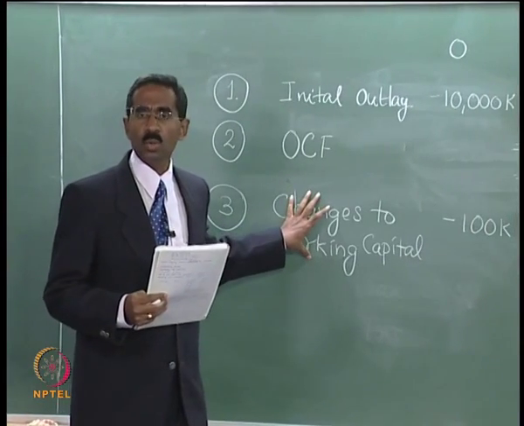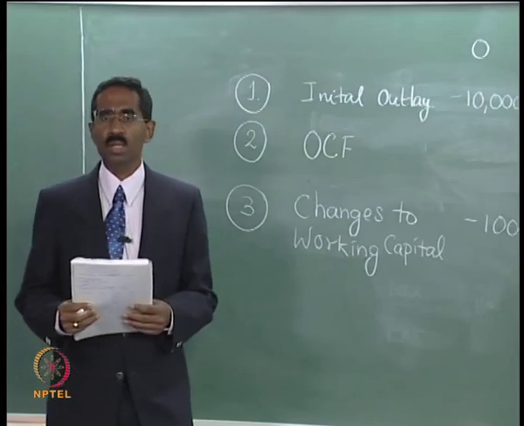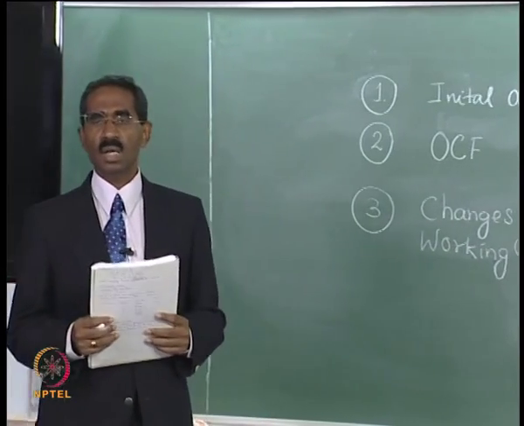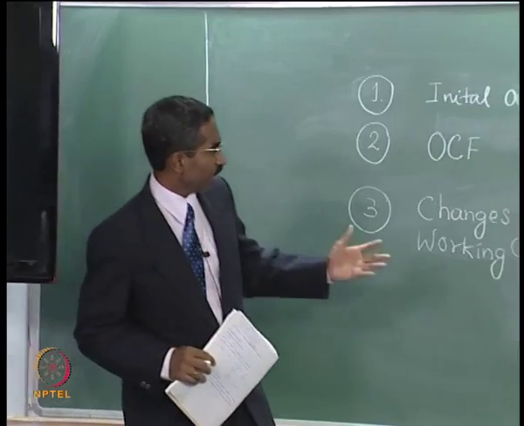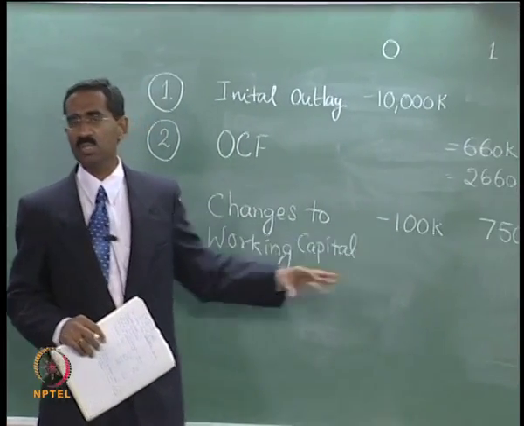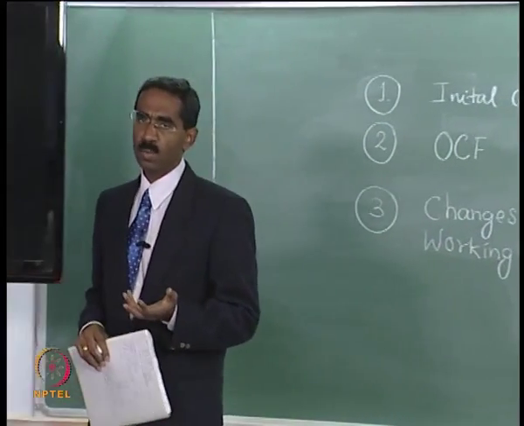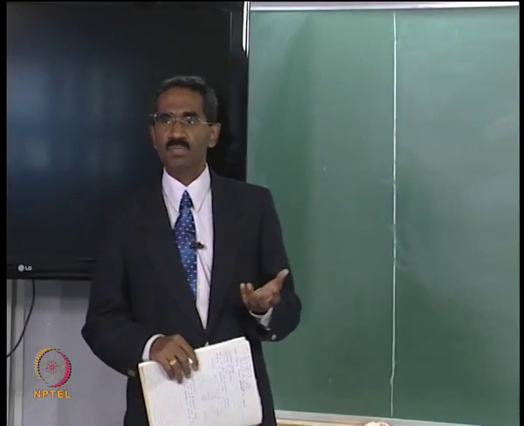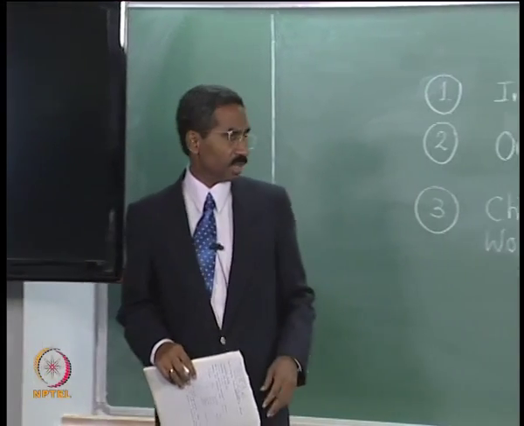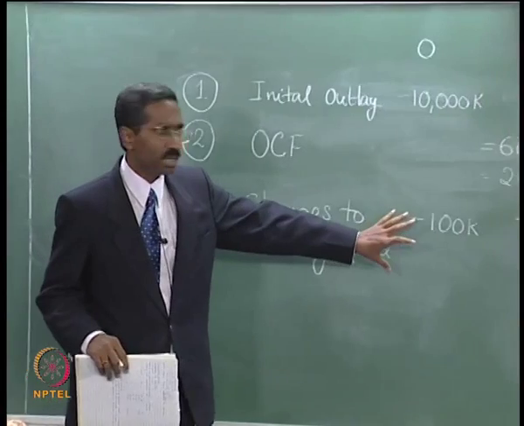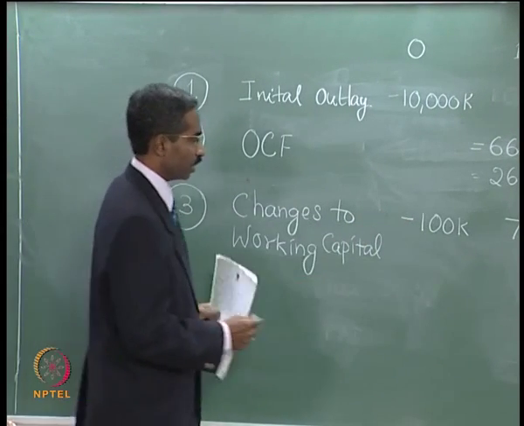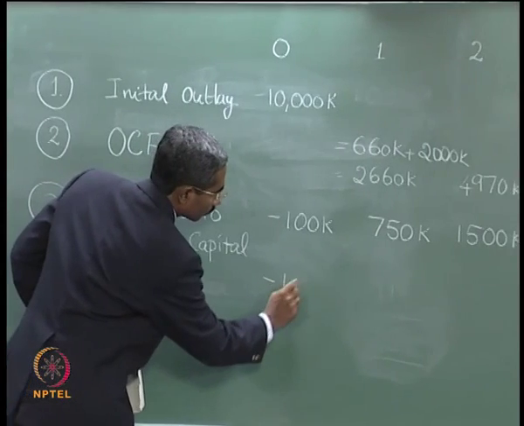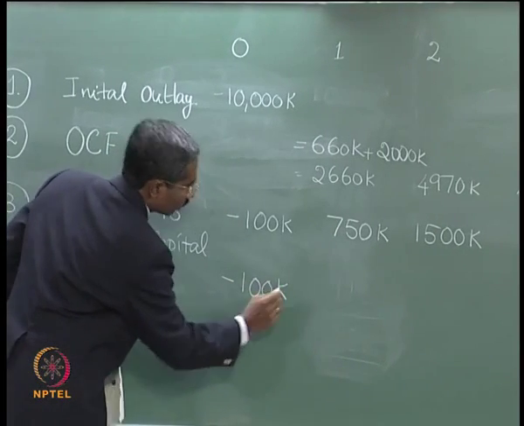So, the changes to the working capital would actually be considered as having an implication on cash flow. If there is an increase in working capital, that means there will be a reduction in cash flow. If there is a decrease, there is going to be an increase in cash flow. So in year 0 we are making an initial investment in working capital of 100k, so therefore this is a cash outflow of 100k.